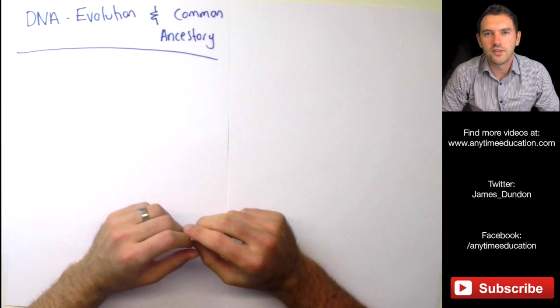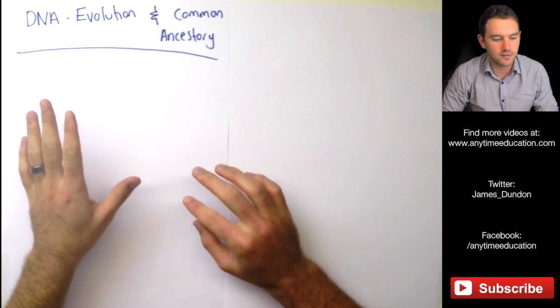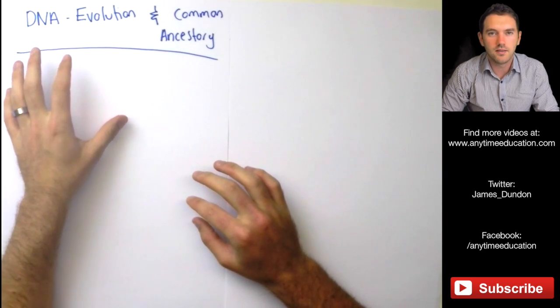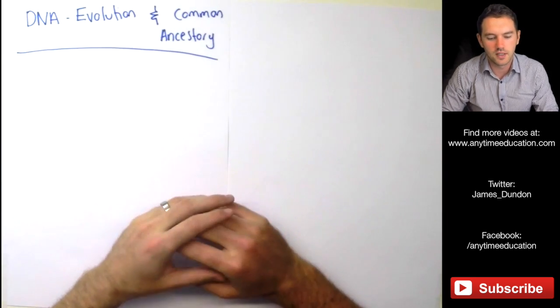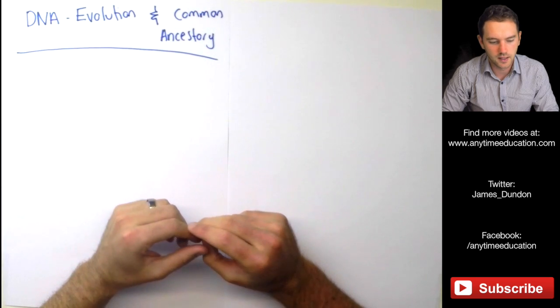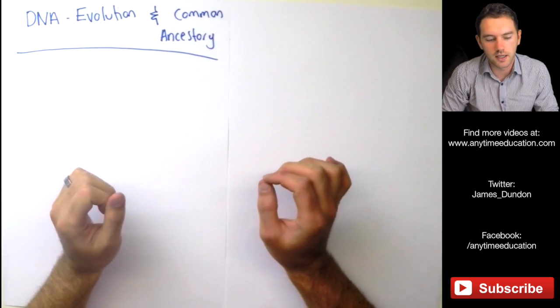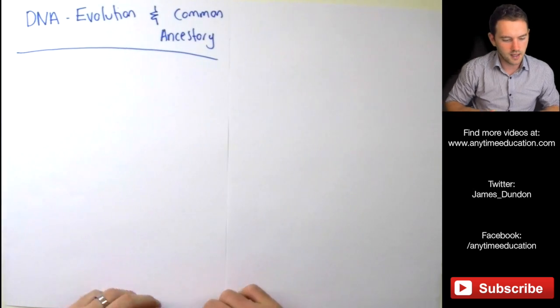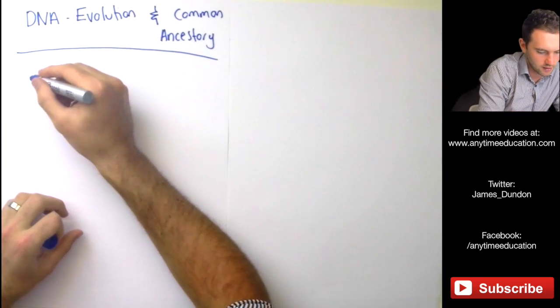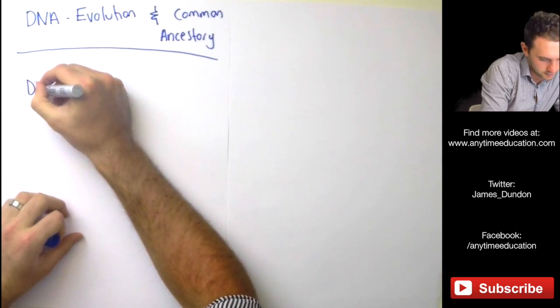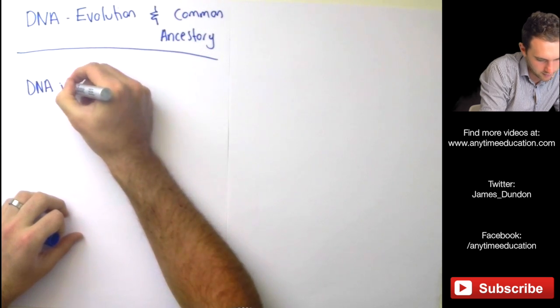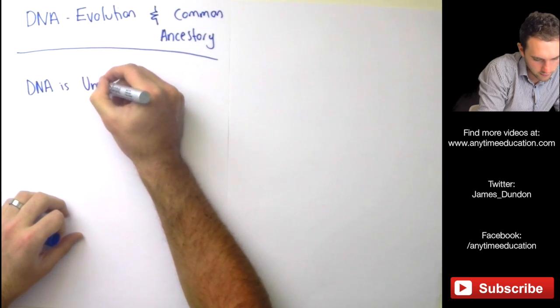Okay, so let's try and give John some help. So remember, he wants to know how DNA provides evidence for evolution and common ancestry. Well, let's take the theory that maybe it doesn't. Remember that in all species, DNA is universal.